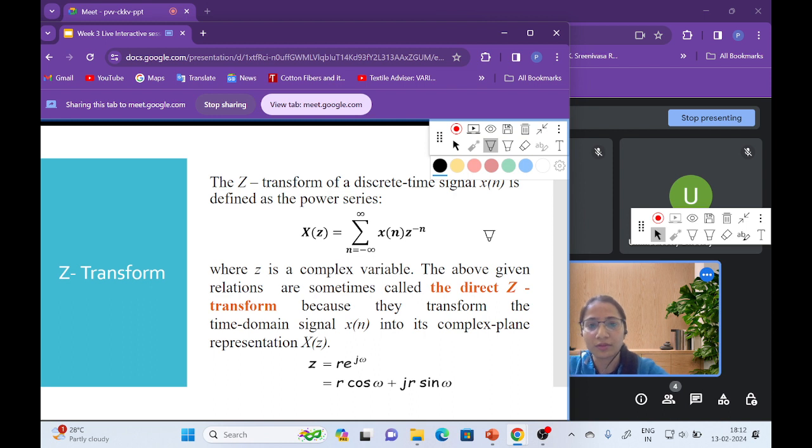The Z transform of any signal x of n is represented as X of z equals the sum from n equals minus infinity to infinity of x of n z to the power minus n, where z is a complex variable represented by r e to the power j omega, where r is the magnitude and omega is the corresponding angle.